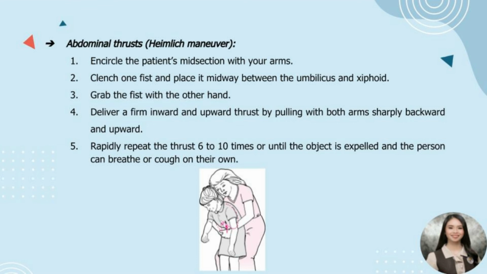Third is to grab the fist with your other hand and then deliver a firm inward and upward thrust by pulling with both arms sharply backward and upward. And then lastly, rapidly repeat the thrust 6 to 10 times or until the object is expelled and the person can breathe or cough on their own. So as you can see in this picture, this is how you do the Heimlich maneuver.